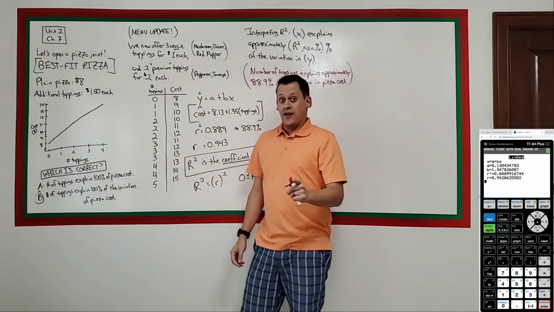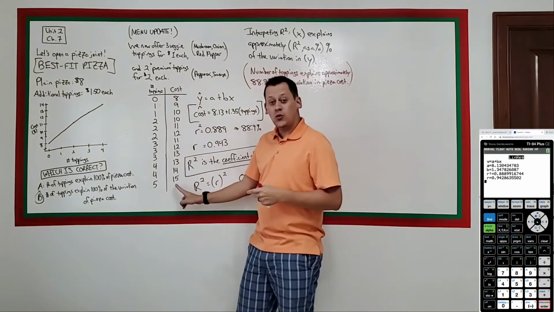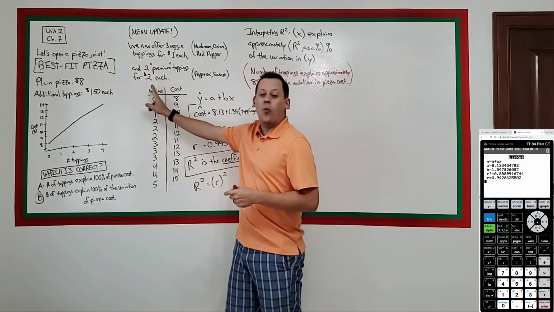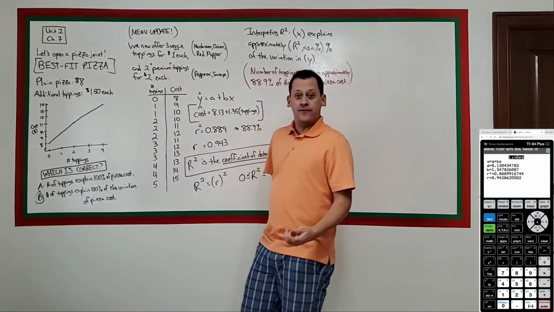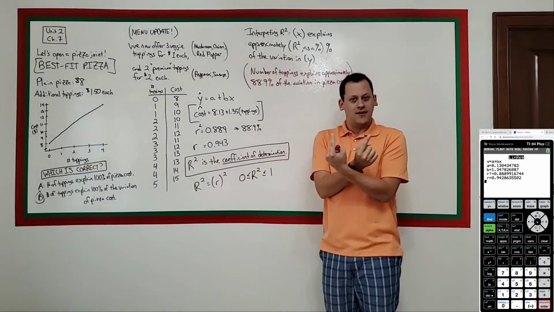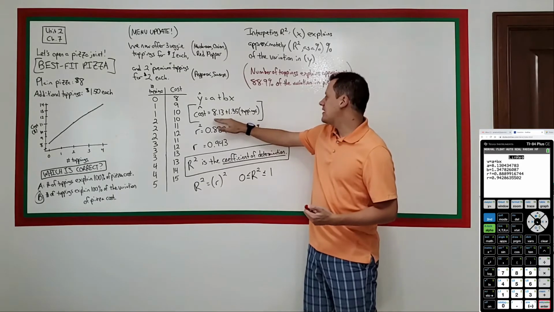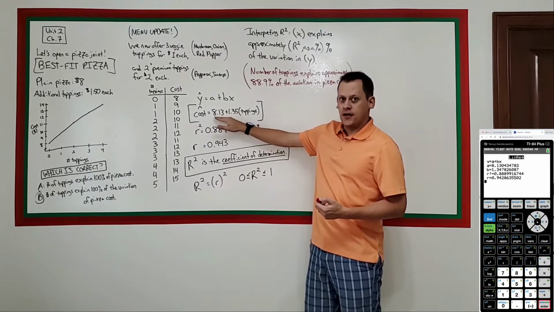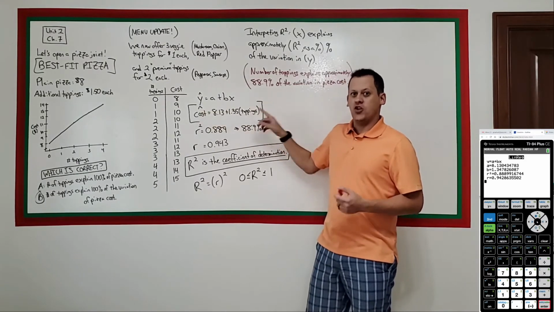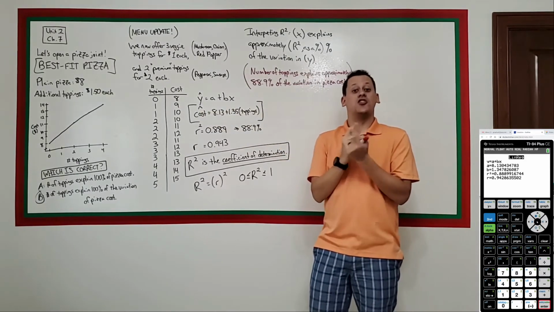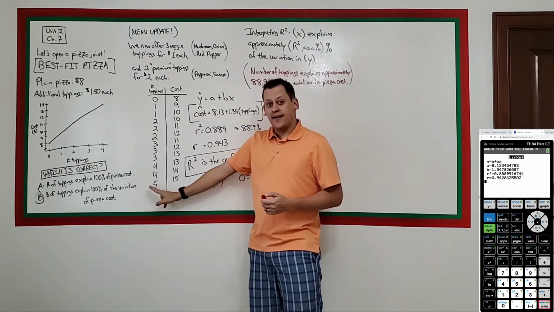On your calculator, you would have to do LinReg with the xlist as L2 and the ylist as L1. You would have to tell it the other way around. This doesn't work if you want to predict toppings based on cost. That hat can't just move from here to here. You would have to start over and do the linear regression using this as x and this as y.